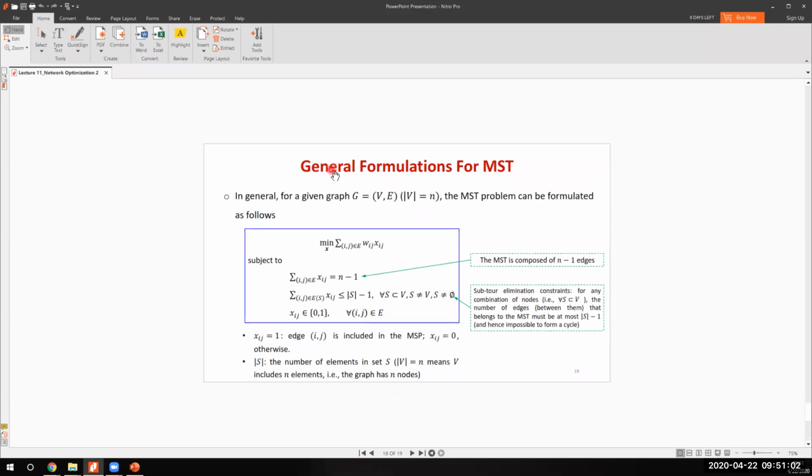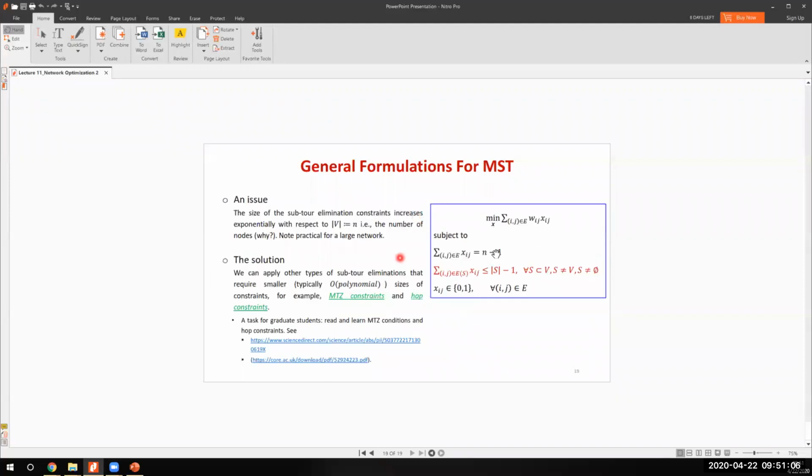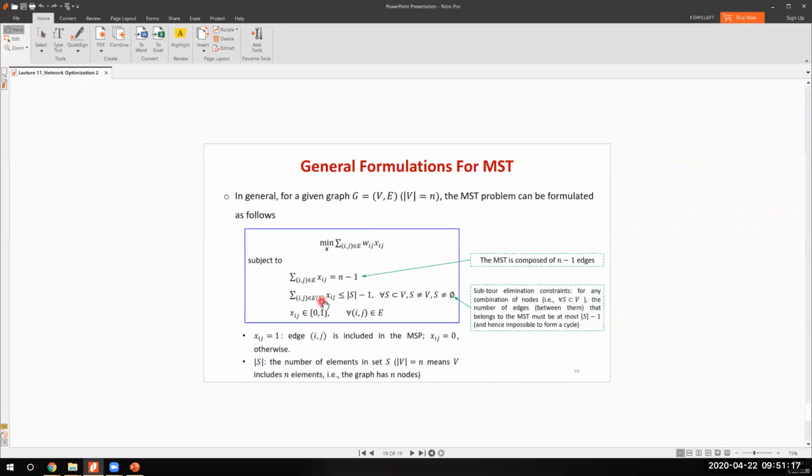And then here's something about the general formulation for MST. By the way, the part here, which means, for example, MTZ constraints and hop constraints, is not required in this course. However, in the homework or exam, I may give you a graph and then ask you to explicitly write the formulation of MST using this formula, okay?